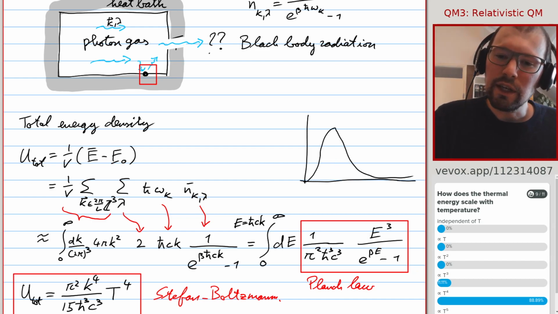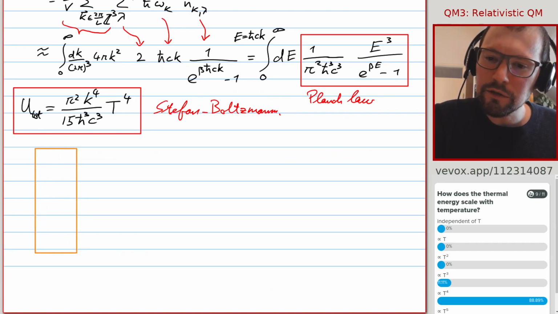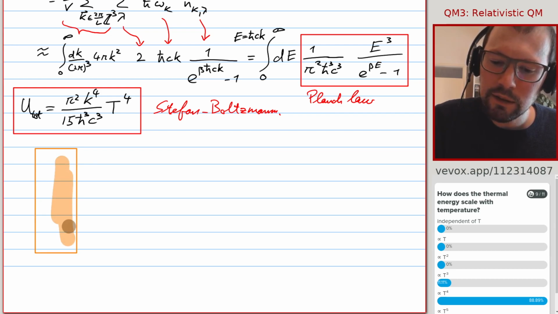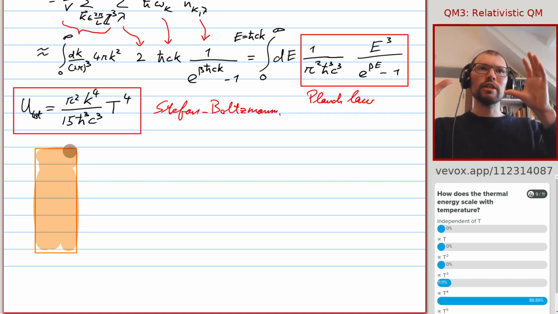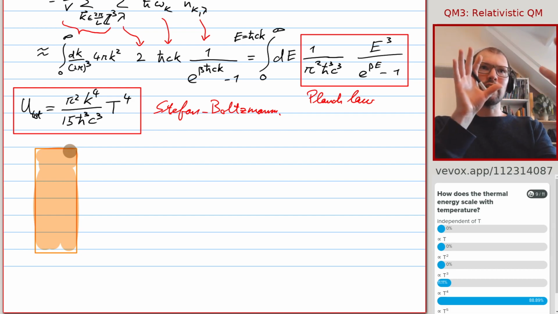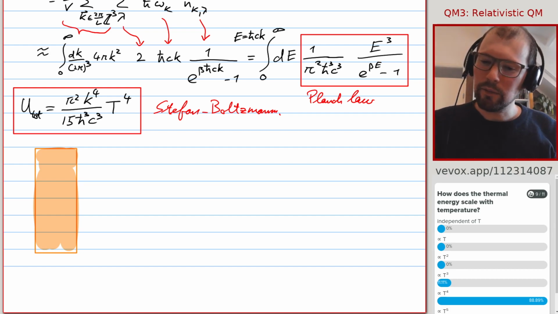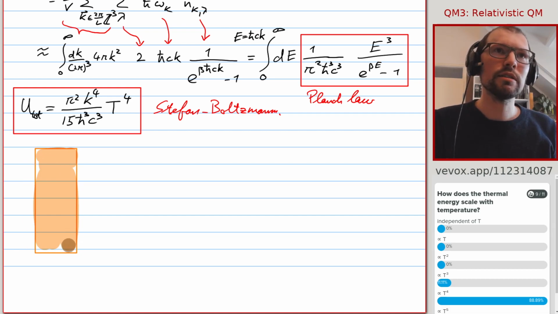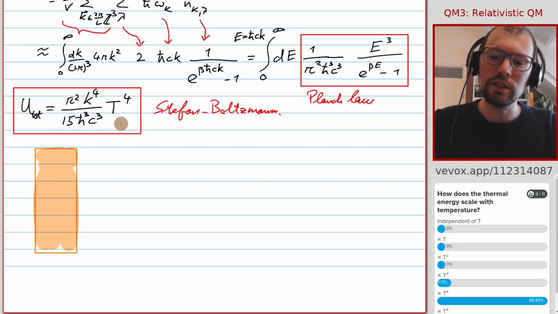Because you can imagine I have here a surface that is emitting black body radiation, then the radiation is traveling with the speed of light, so the amount of energy that you see coming towards you is really the amount of energy that is stored in a cubical container of size, well, the area you're looking at, times the speed of light. So you're really seeing this energy coming towards you.